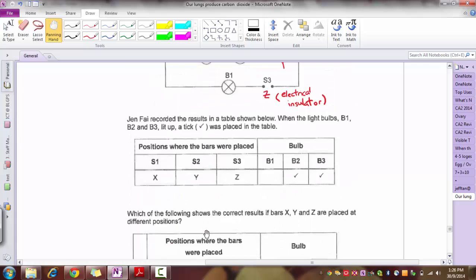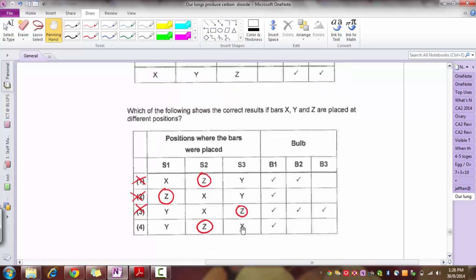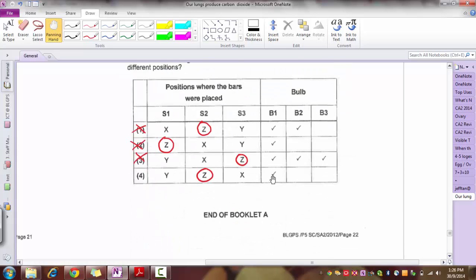Z is at S2, like what we said. B2, B3 should not light up. Only B1 lights up because at S3, it doesn't matter whether it's X or Y, both are conductors. So the electricity can flow like that. So this is correct because only B1 can light up. Okay. Have fun.